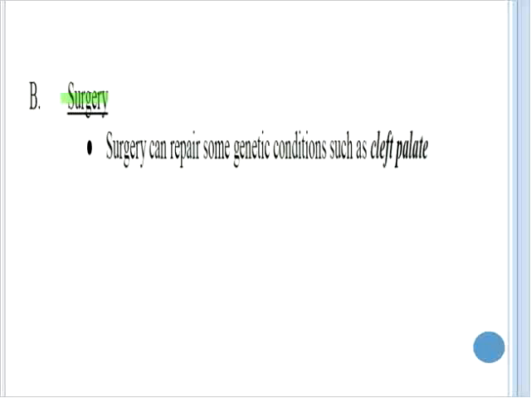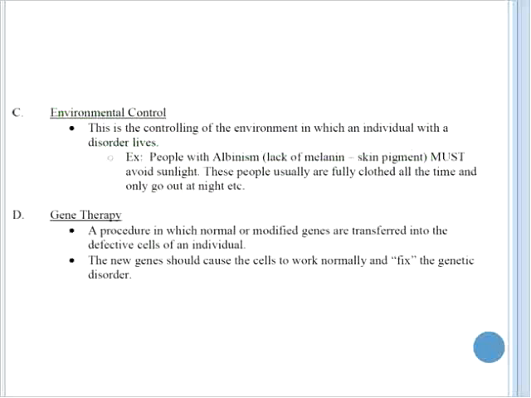Surgery is an option for genetic disorders which cause physical abnormalities. Cleft palate is one example. A surgical procedure to repair the cleft palate would help alleviate some of the concerns with this genetic disorder.